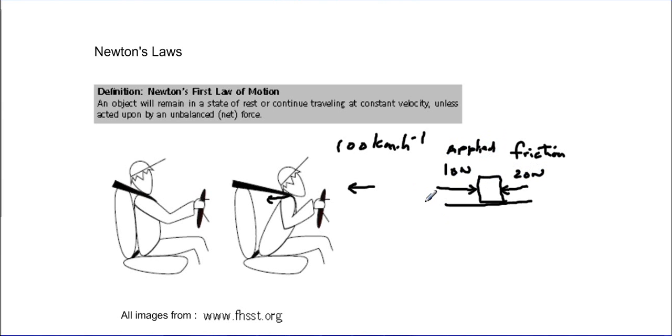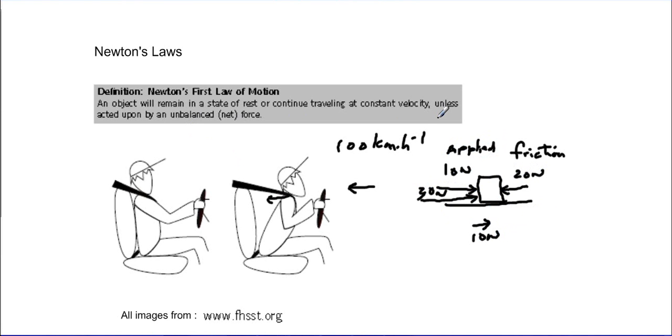However, if the applied force is greater than 20, say 30 newtons, the object will move because there is a net force of 10 newtons to the right.